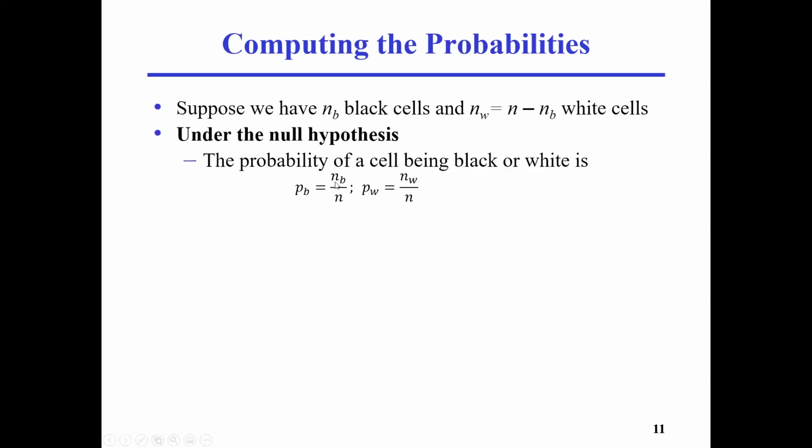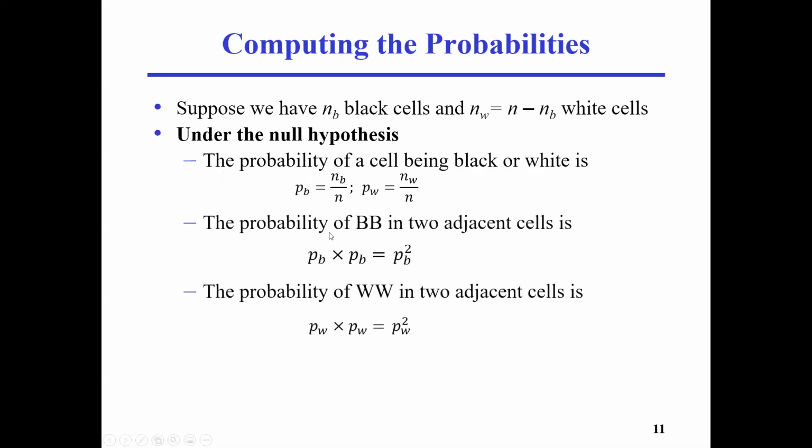PB is the ratio between NB and N. There are N cells in total, NB of them are black, so the ratio is the probability of finding a black cell if you randomly choose a cell. Similarly, PW is the ratio between NW and the total number of cells, N.